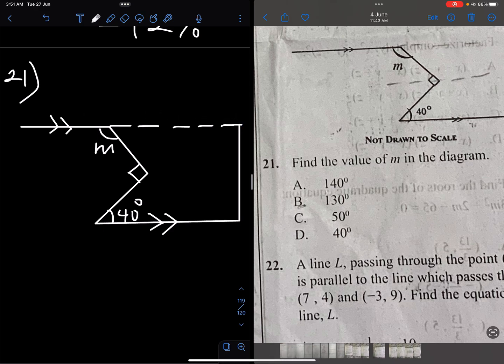Now we can see that this is going to be a right angle, while this will also be a right angle, and this angle will be 180 minus M.